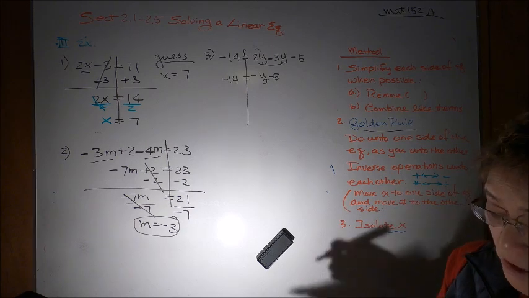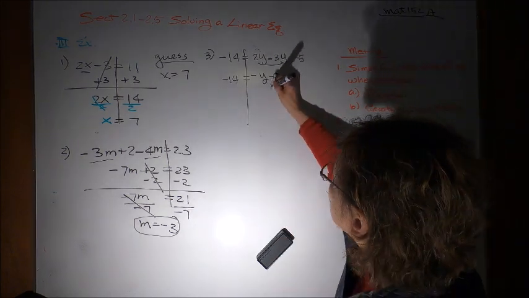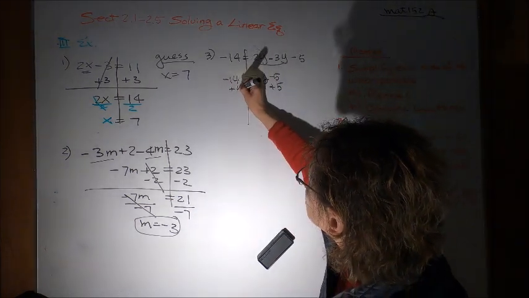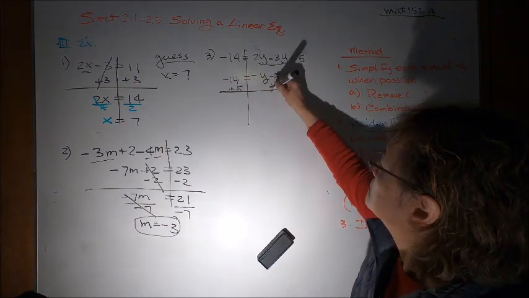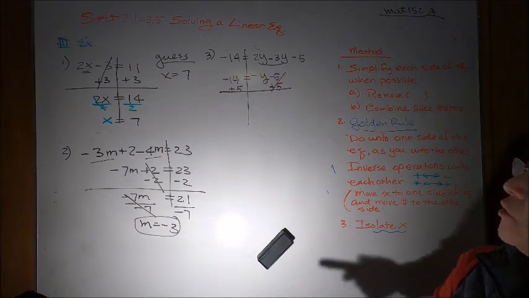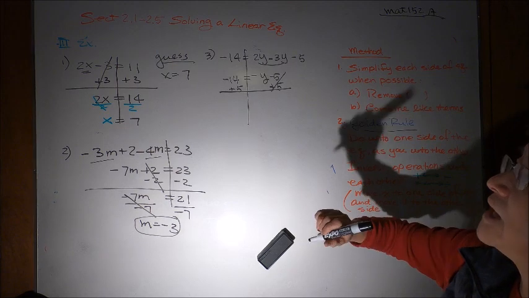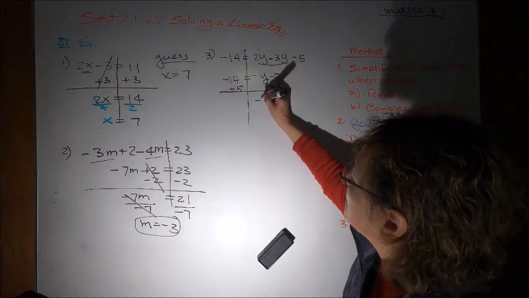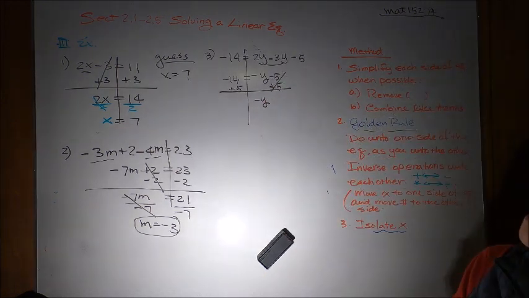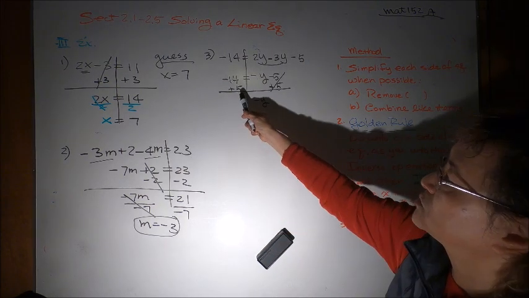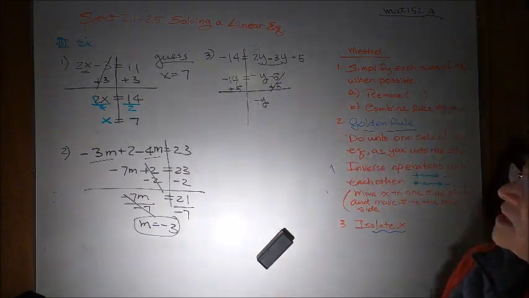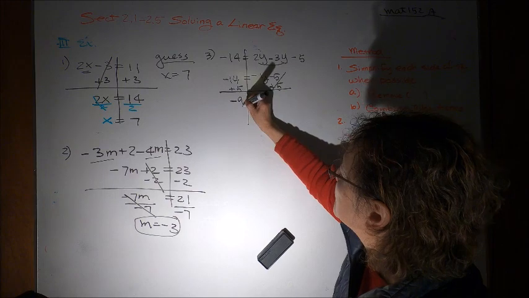I can do that as well. Okay? So I can add a 5, do the opposite operation. So you can get rid of that -5 by doing that. So that will have -y on this side. And for this one, -14 plus 5 is what? -9, right?